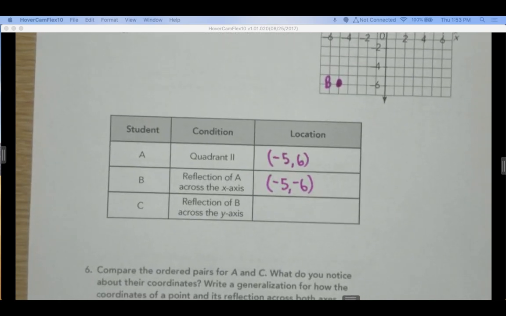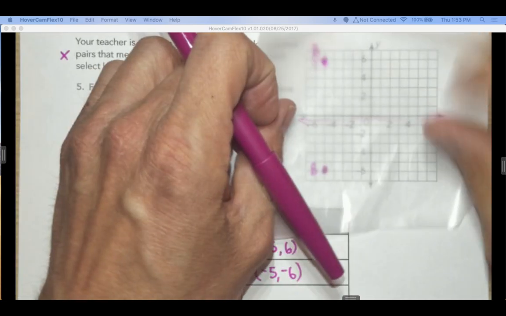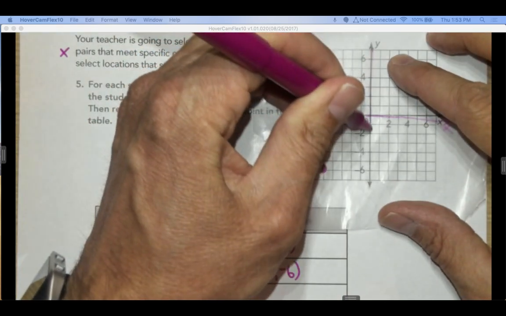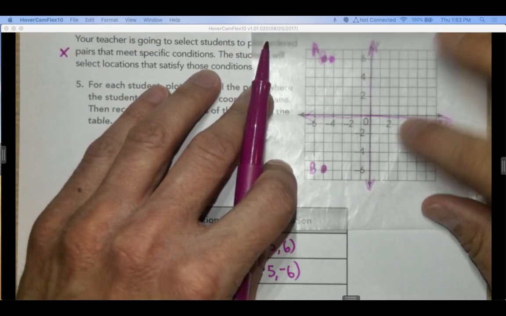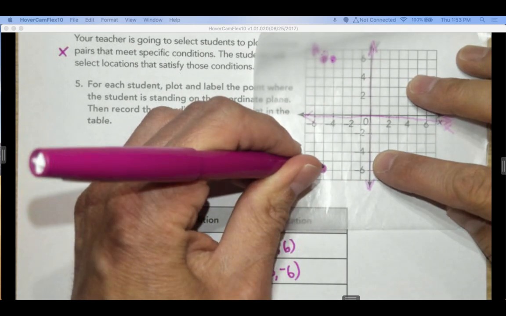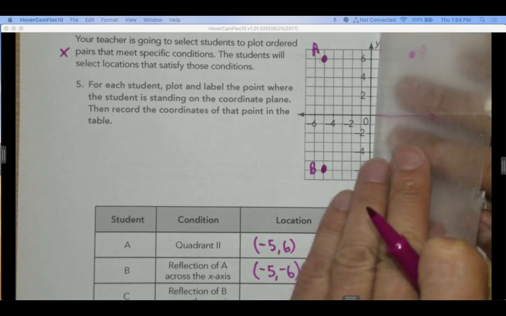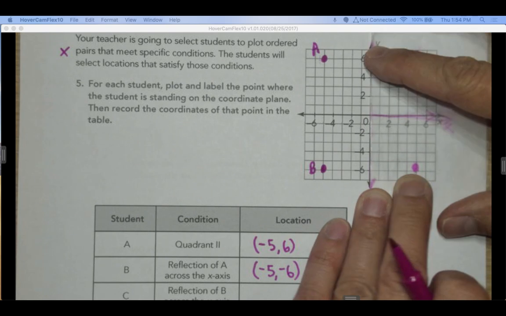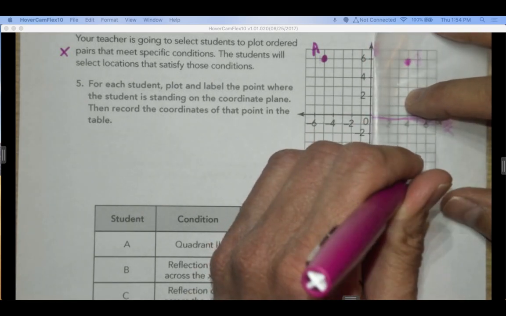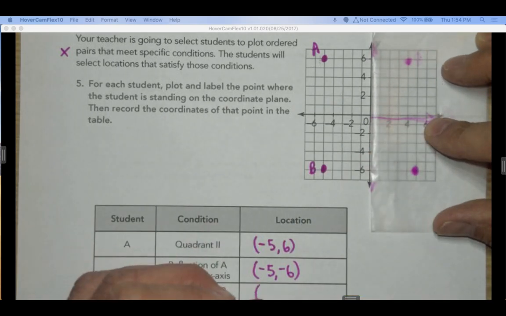C says reflection of B across the y-axis. So if I'm looking here, put my y-axis on my wax paper, and then I do a reflection of B, so I make sure I have B on there, and I do a reflection of B on the y-axis, then I see that C would be in this new point right here, which is 5, -6.